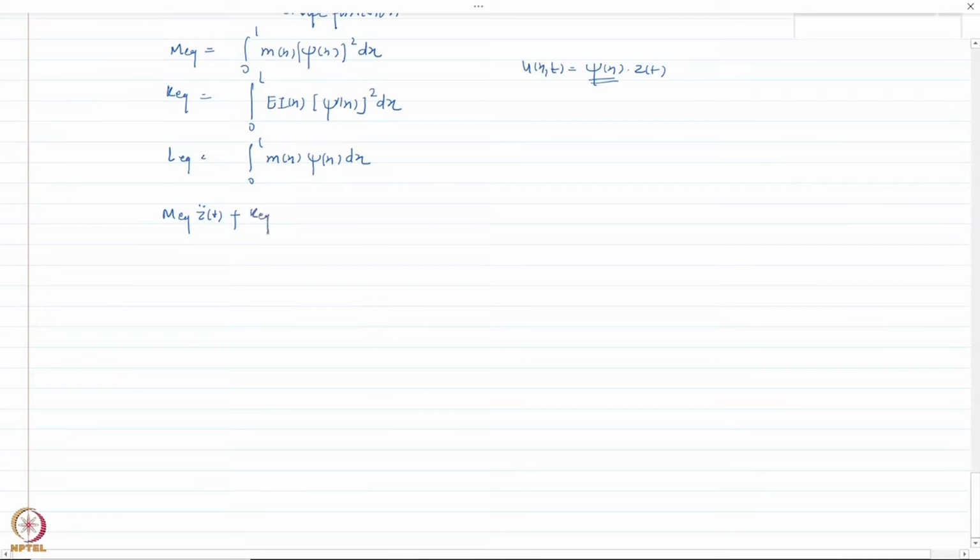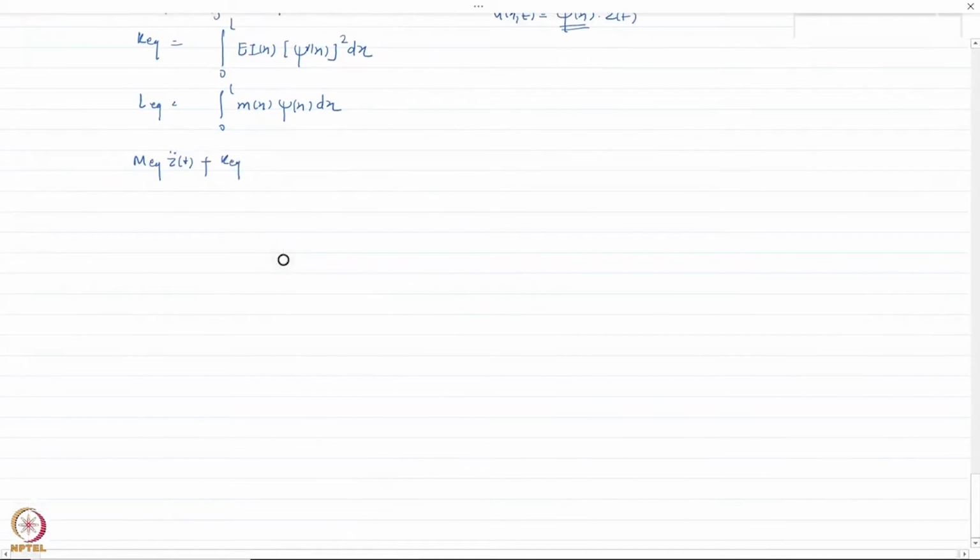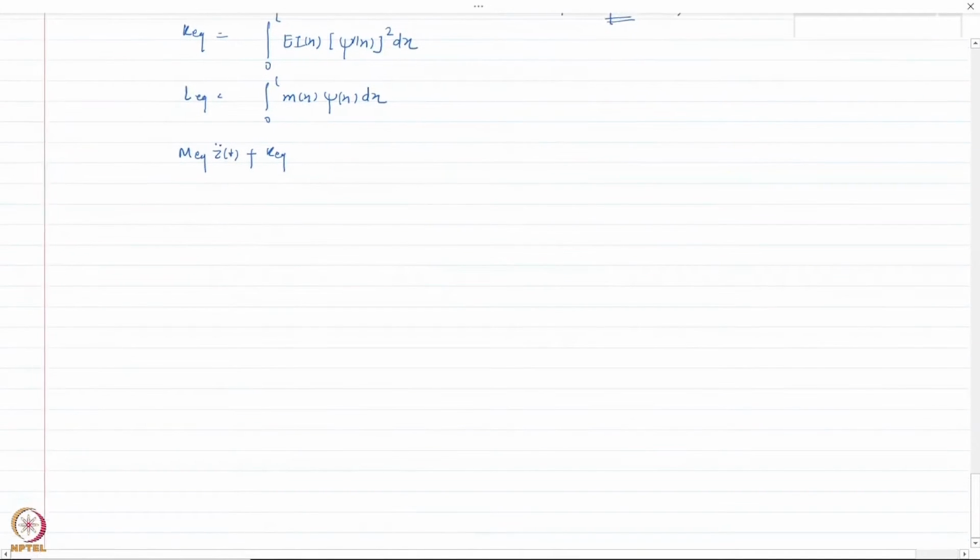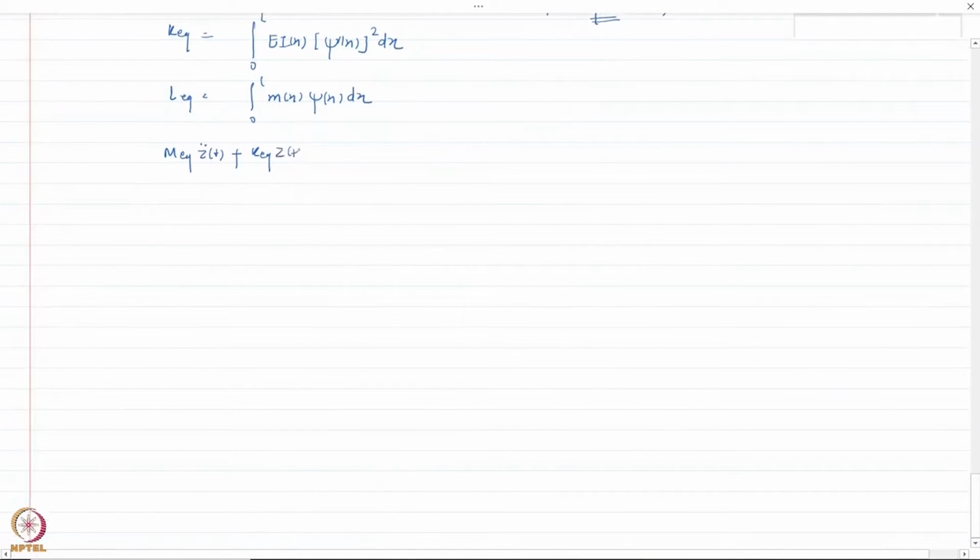The expression that we had was K equivalent times z(t) equal to minus L equivalent times ug double dot(t). This was the expression that we had derived for ground excitation, or earthquake excitation, in which ug double dot was the acceleration of the ground.